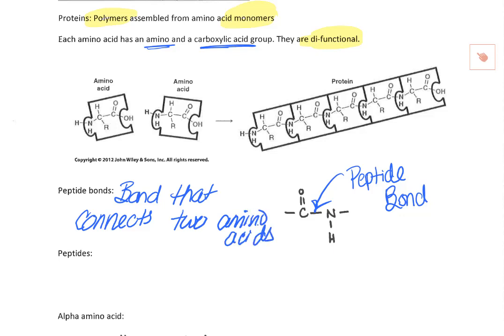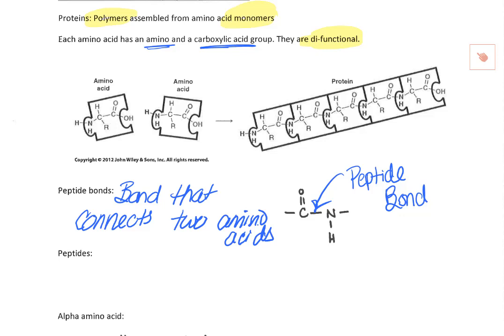And amino acids, when they connect and form that protein, is just a huge polyamide, right? So it's a polymer with amide bonds, and it's just in the context of proteins that we take that amide bond and call it a peptide bond instead.